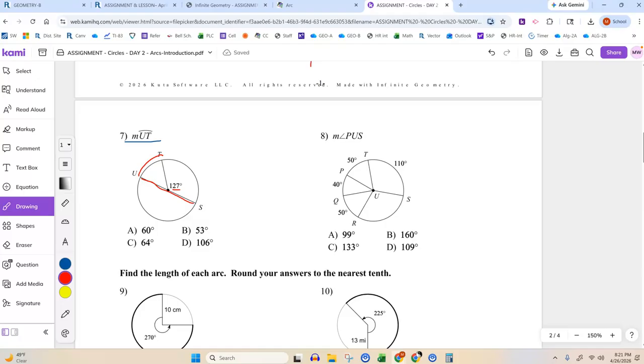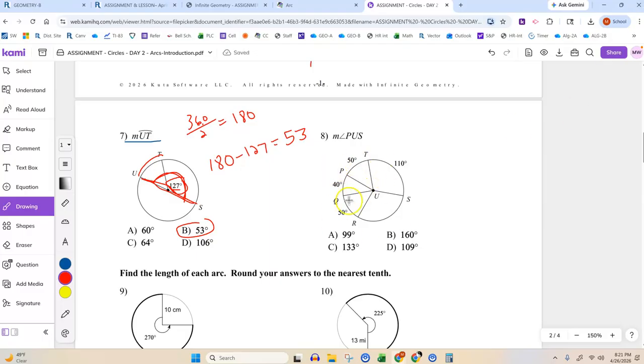Do you remember the diameter cuts a circle into half, so from here to here is half the circle. 360 divided by 2 equals 180, correct? So basically, from here to here is 180, so we can go 180 minus 127 from right here, and that would be 53, okay? So remember, this is the diameter, and that represents 180 degrees.